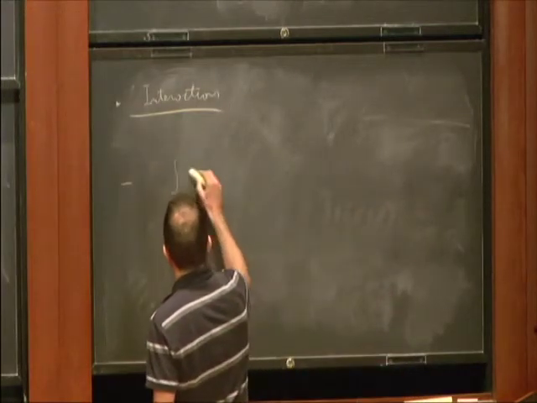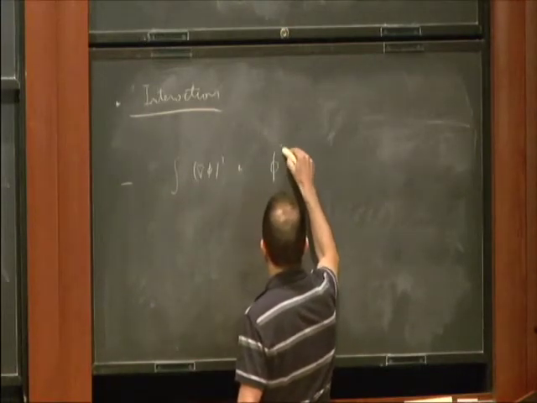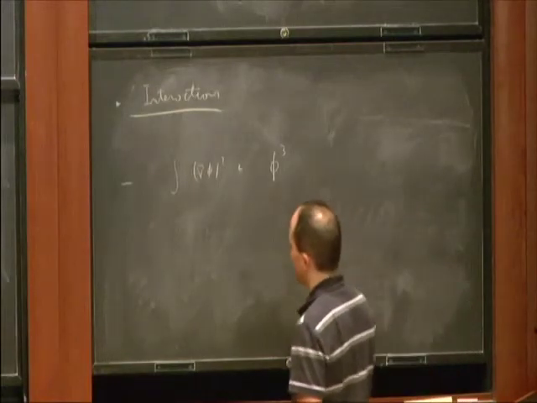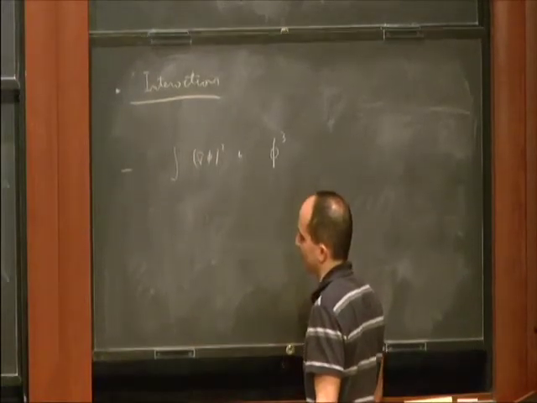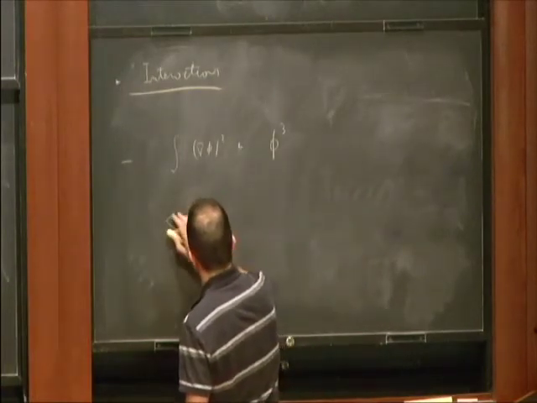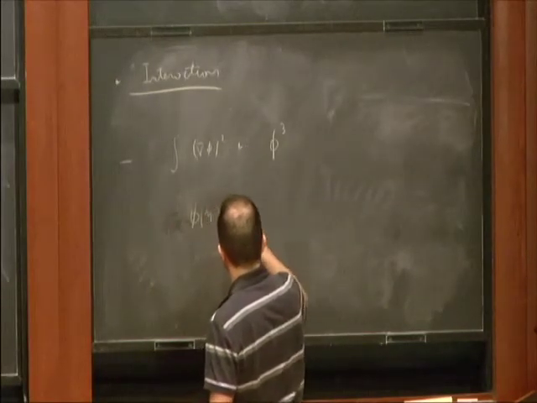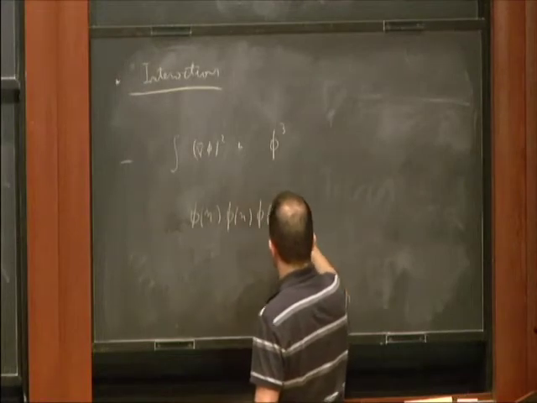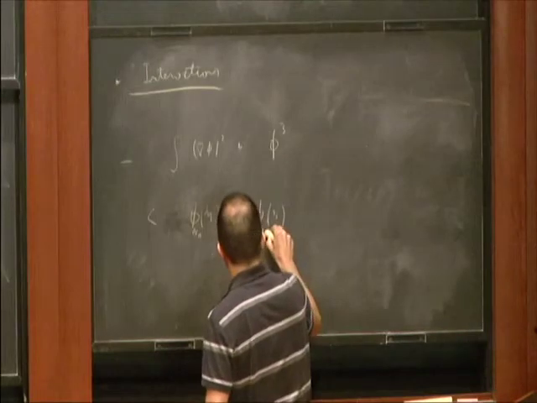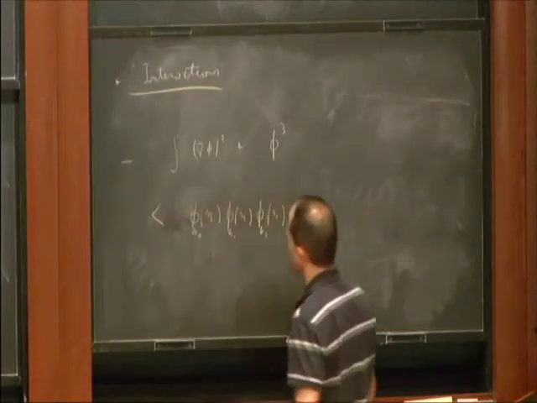We can consider, for example, a massive field, and we can add a phi cubed interaction. Let's see how we compute corrections to this result. We can try to consider the expectation value of 3 field operators with different momenta or the same momenta. I'm not going to describe the details of this calculation, only some important points.